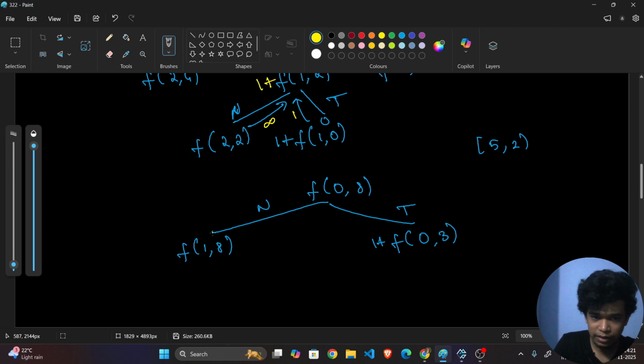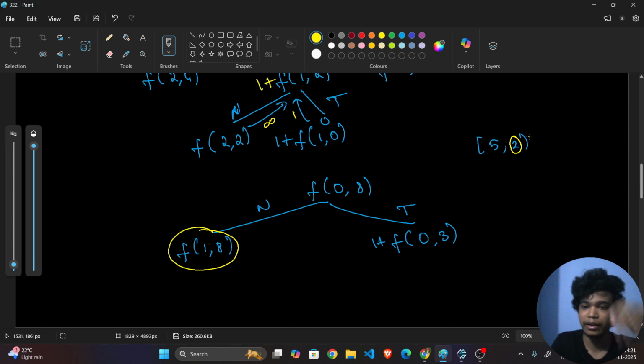Now just understand this clearly. Here it is f of 1,8. 1 means I have reached the end. So if I reach the end, then I would have to do that process again and again for the same number. So instead of doing that again and again, I want to check whether 8 is divisible by 2 or not.